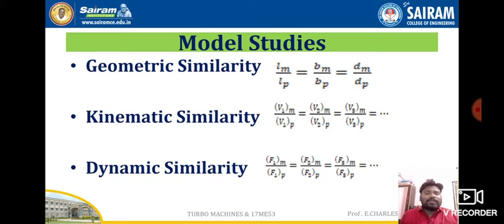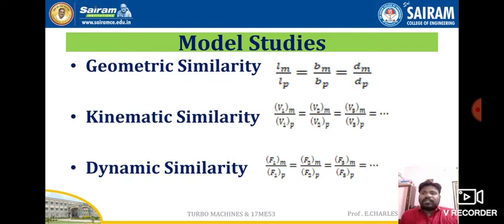Let M stand for model and P stand for prototype. L_M by L_P is equal to B_M by B_P and D_M by D_P. So length, breadth and depth, in all of these, model and prototype should be equal. That is what geometric similarity is all about. Here L, B, D are length, width and depth, and M and P are model and prototype.